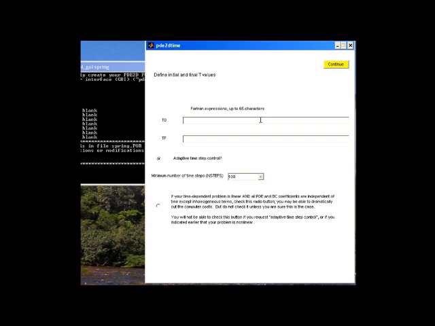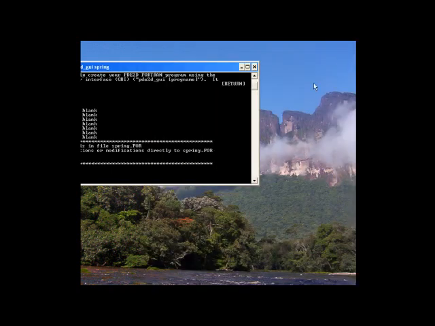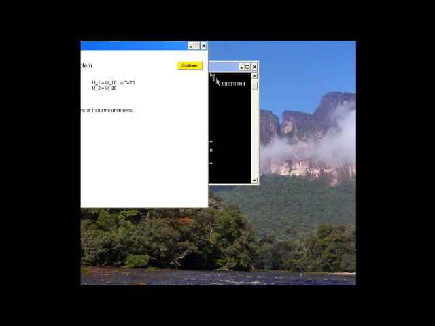And I want to go from t equals 0 out to, say, 5. This shows what the differential equations are. U1 is y, U2 is v.